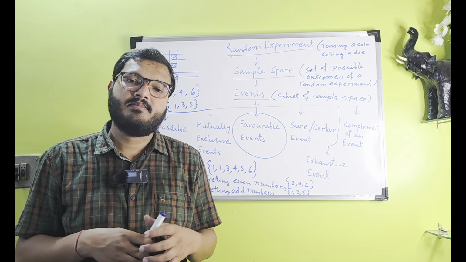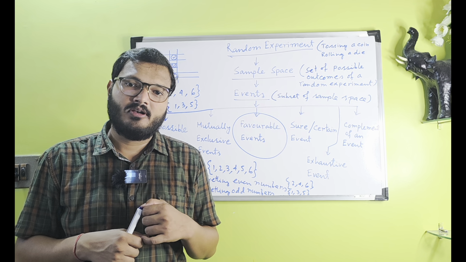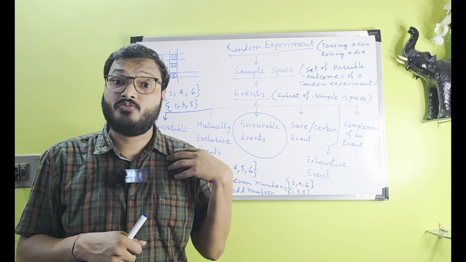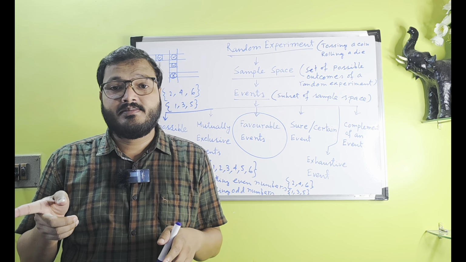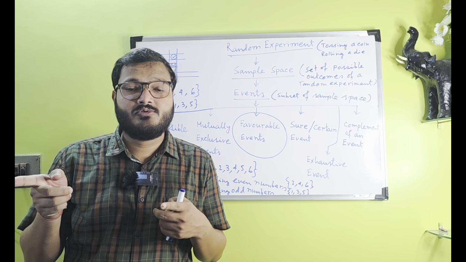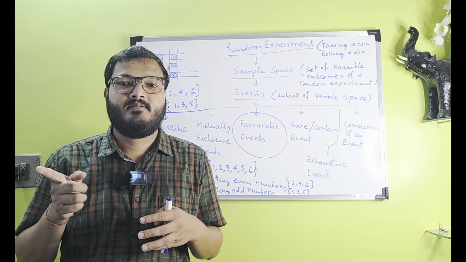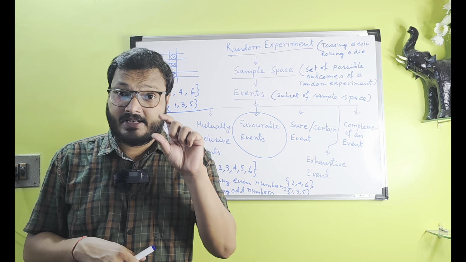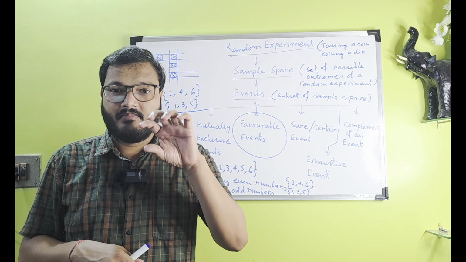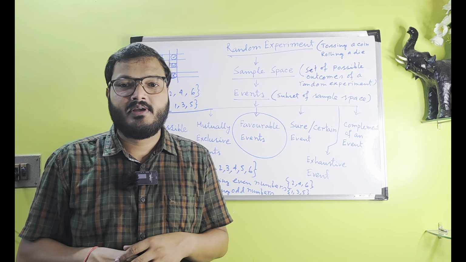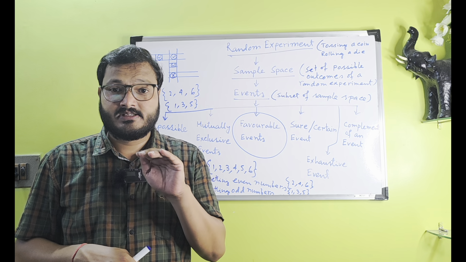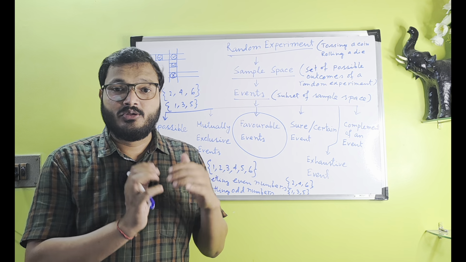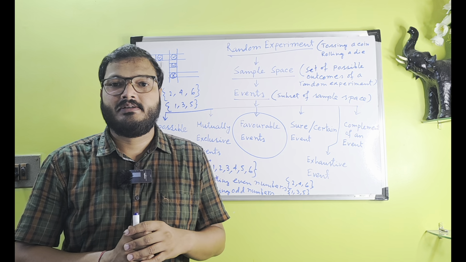Pat Cummins called head. So head is his favorable event. That is his wish. And at the same time, the favorable event of Suman is tail. I hope it's clear, favorable events, because the definition of probability is based on these favorable events. Favorable means what is your wish. Those events are called favorable events.